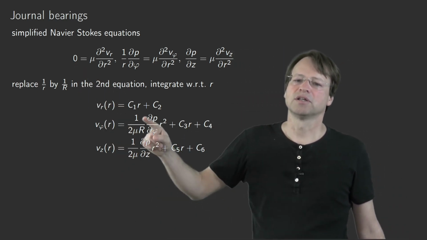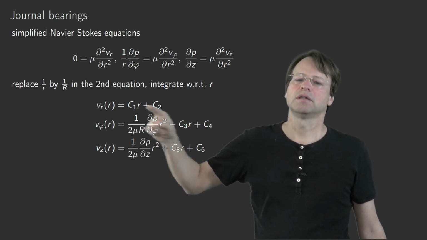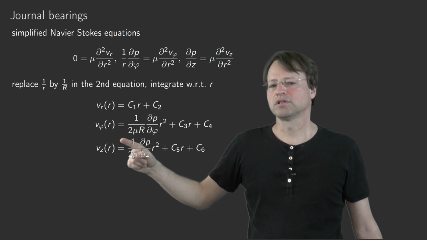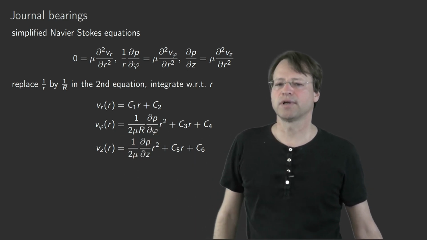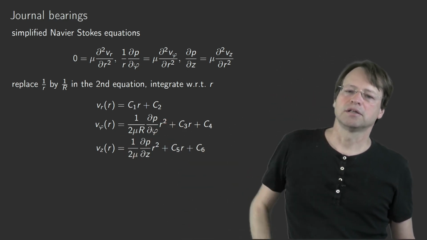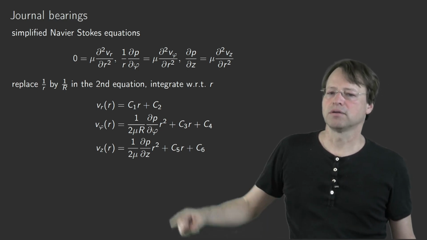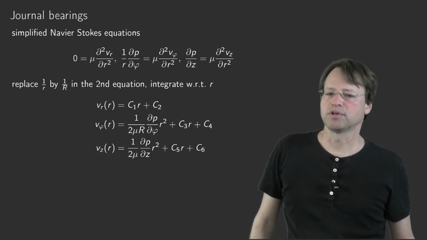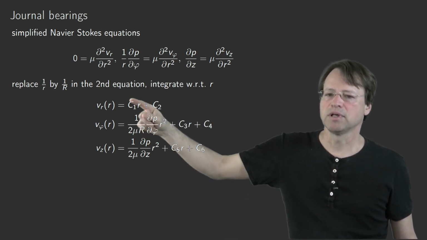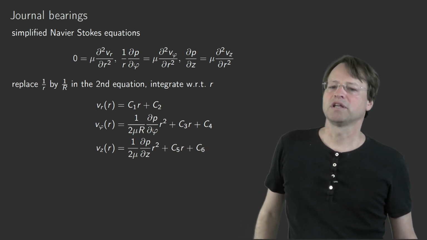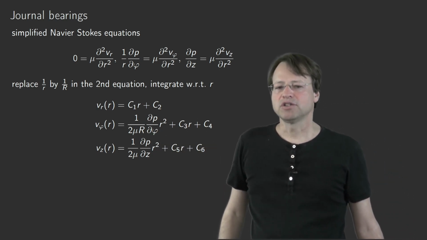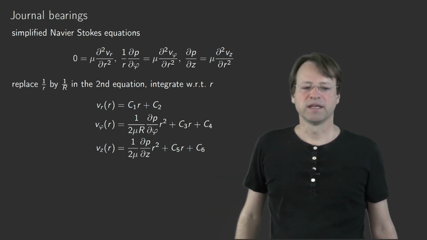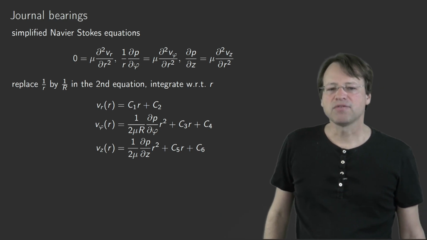So you get a linear quantity in the radius for the velocity field in radial direction, and for the velocity field in circumferential and in axial direction, you get a leading term that is in R squared, and the coefficient then comes from these parts of the pressure gradient. And keep in mind that we replaced 1 divided by r by 1 divided by capital R. And as you can see, there are 6 integration constants that we have to determine.